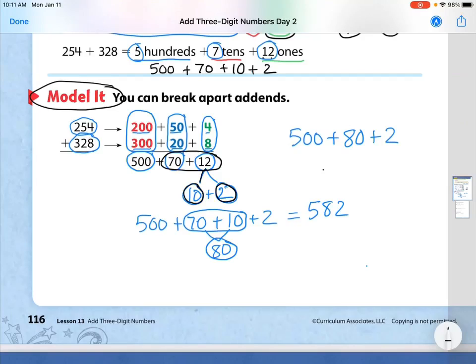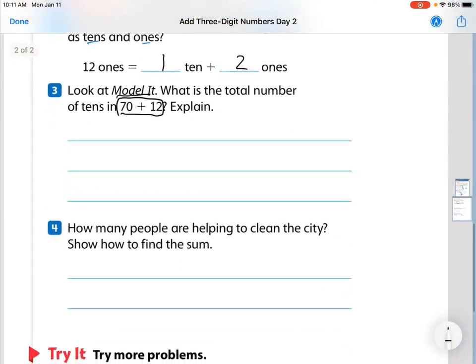So if I have 70 and 10, that actually gives me 80, okay? I don't have 80 tens, I have how many tens? 8 tens, correct? So we have 8 tens.